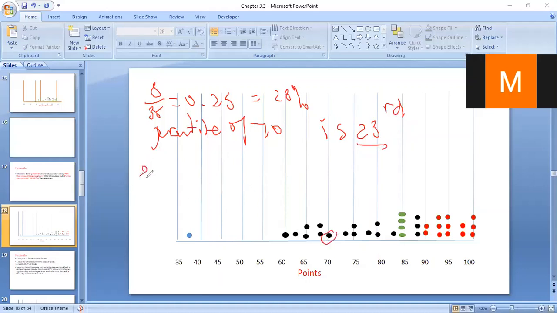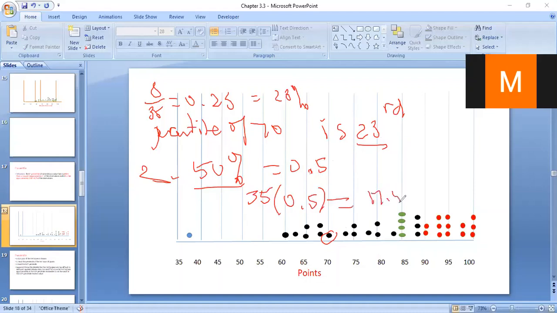And question 2, they find the score for the 50% percentile. The 50% is 0.5. And the total you have is 35. 35 multiplied by 0.5, you will get 17.5. You round up, you get 18. So you count from left to right to 18: 1, 2, 3, 4, 5, 6, 7, 8, 9, 10, 11, 12, 13, 14, 15, 16, 17, 18, this one.